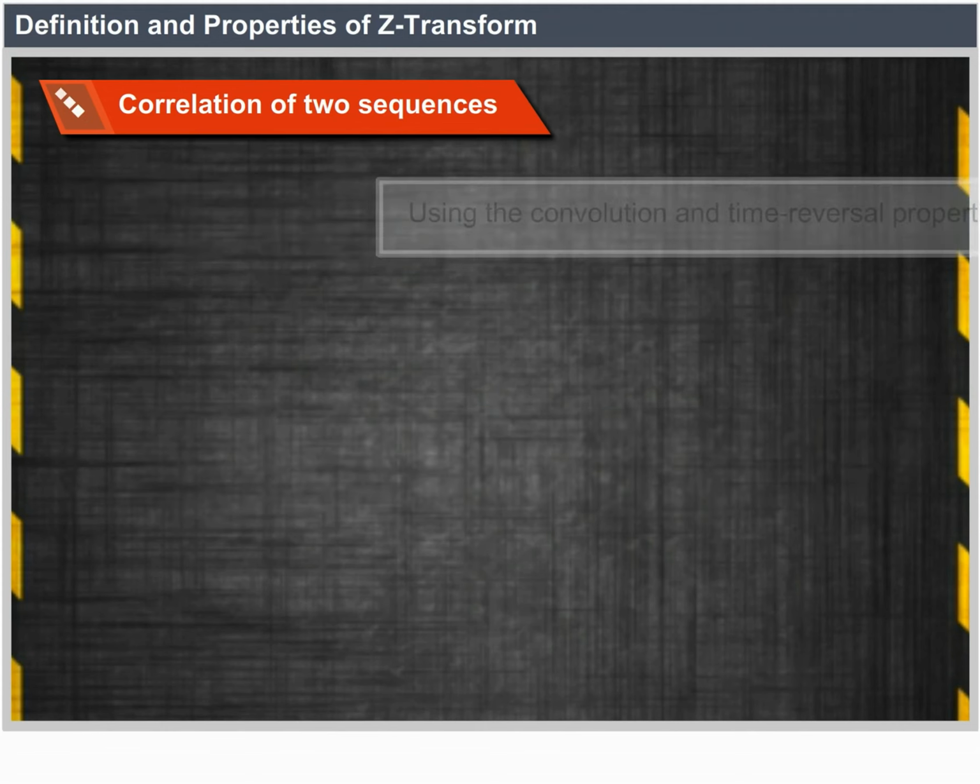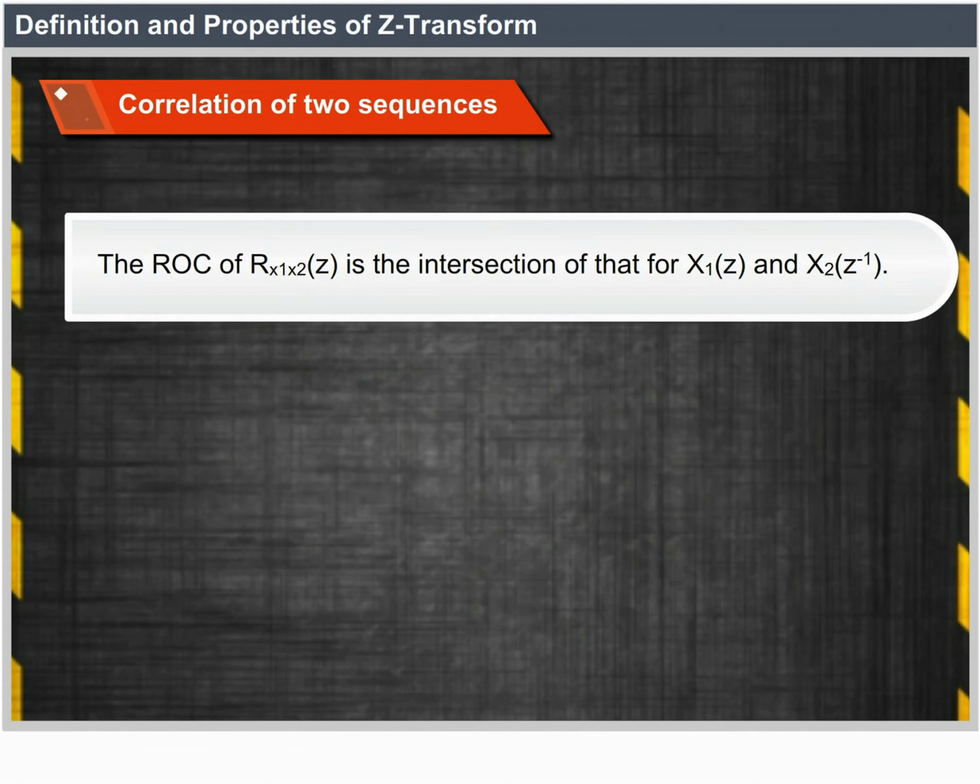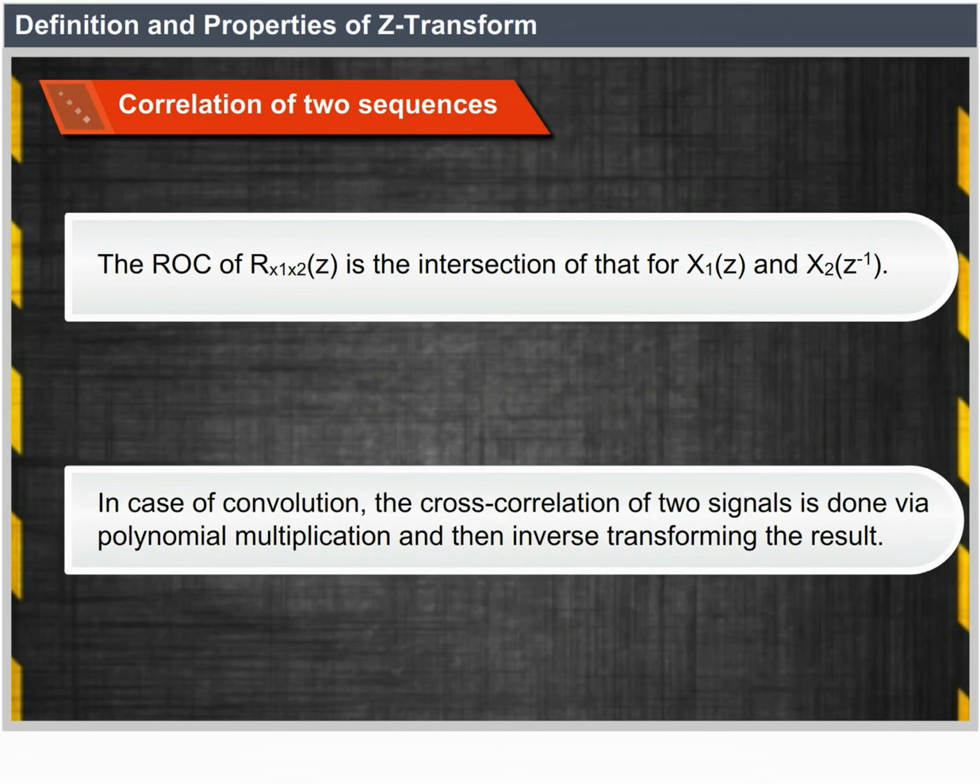The ROC of r x1 x2 of z is the intersection of that for X1 of z and X2 of z power minus 1. As in the case of convolution, the cross correlation of two signals is done via polynomial multiplication and then inverse transforming the result.